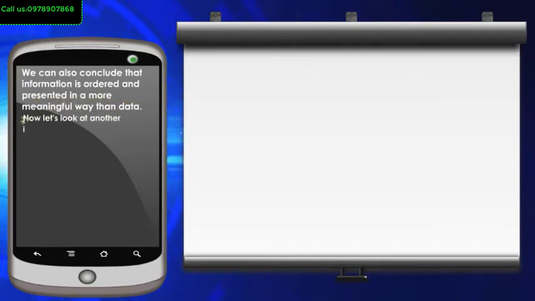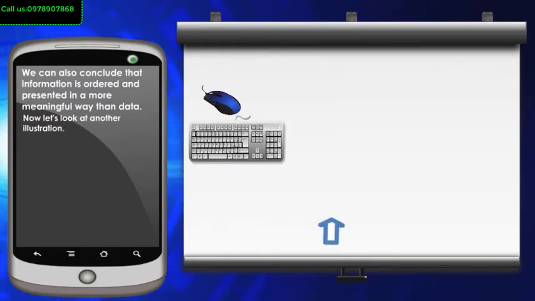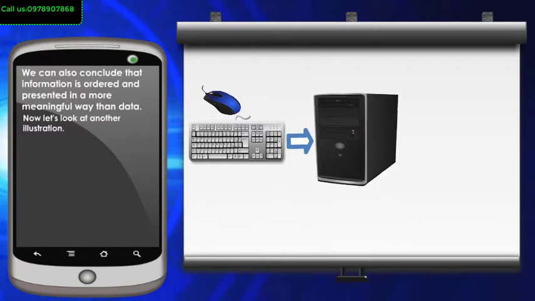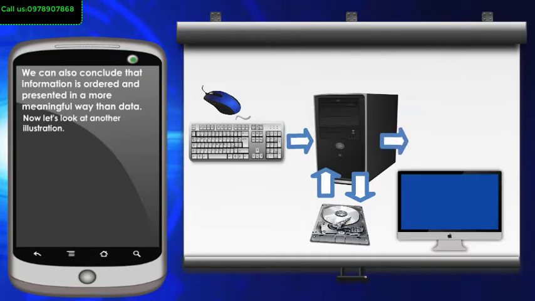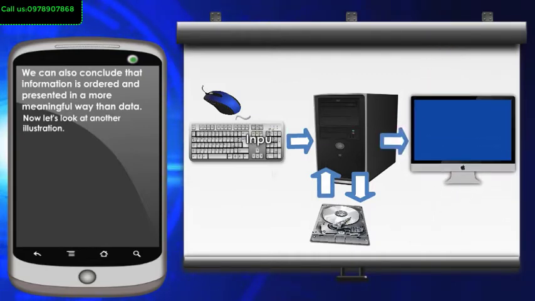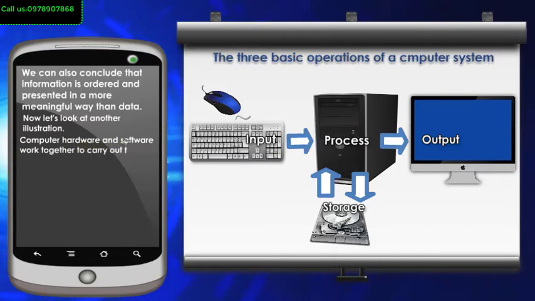Now, let's look at another illustration. Computer hardware and software work together to carry out the 3 basic functions of a computer system.